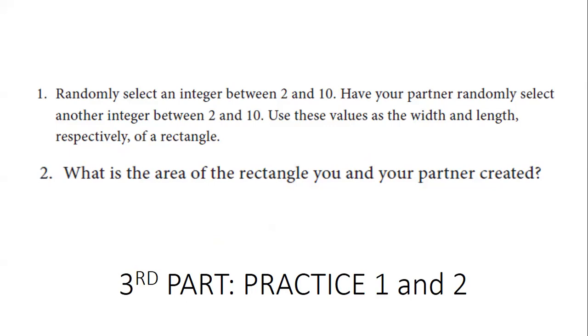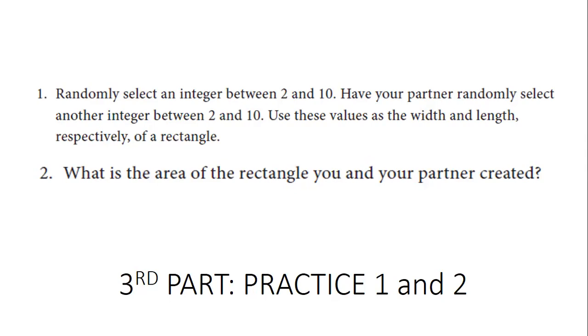Have your partner randomly select another integer between 2 and 10, and use these values as the width and length respectively of a rectangle. What is the area of the rectangle you and your partner created? Okay. So it's just like when we talk about numbers and values, it can vary. You can say, okay, 1, 2, 3, 4. It's going to go back and forth, right?